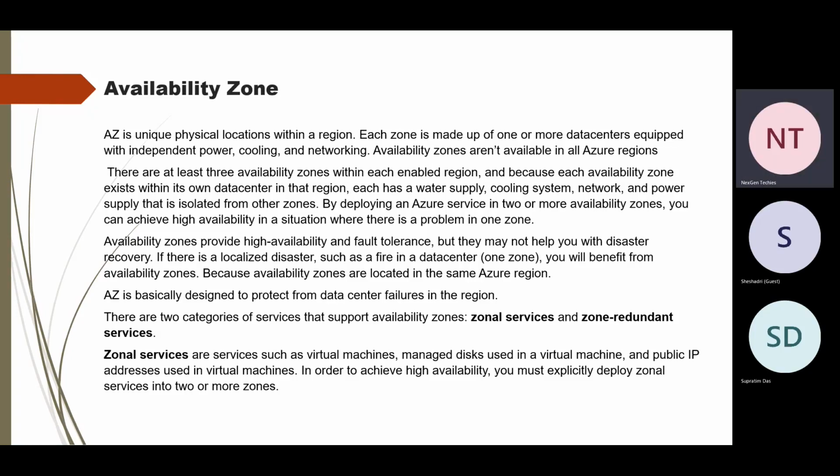Within the Azure region we have multiple availability zones. If one availability zone's data center is corrupted, then other availability zones are there within the Azure region, which guarantees high availability.